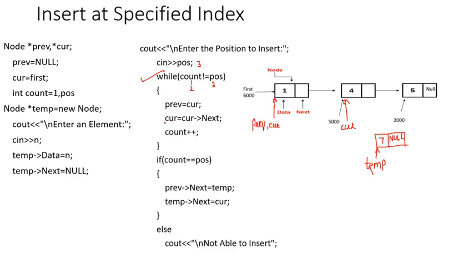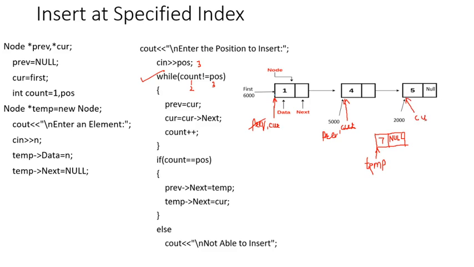So control will go into the while loop. Prev will become current, so prev will no more point over here, it starts pointing to where current is pointing, and current is incremented. So current will start pointing to current arrow next, so current will point here.